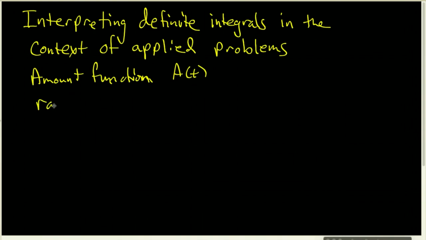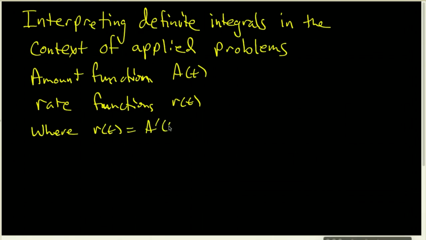And they talk about rate functions, which we are going to designate with R of t. The whole idea is that the R of t function is the derivative of the amount function. So R of t is giving us the rate that A of t is changing.